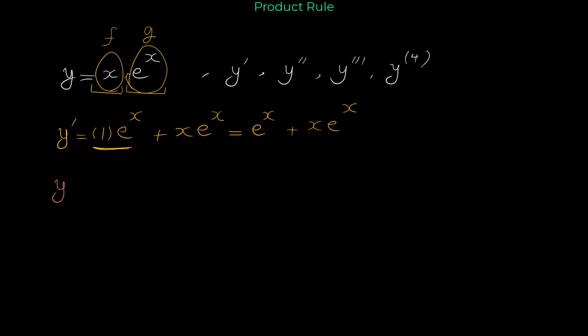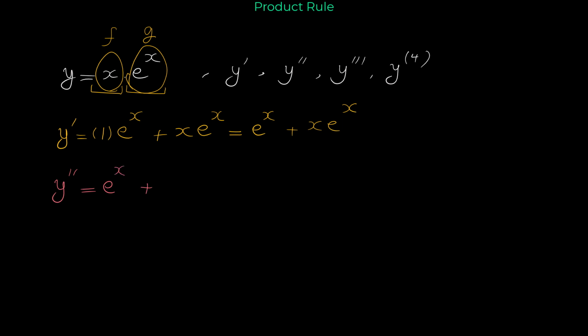We want to find y double prime. For finding y double prime, we have to use this, and we have to find the derivative of this. Derivative of e to the x is e to the x plus.